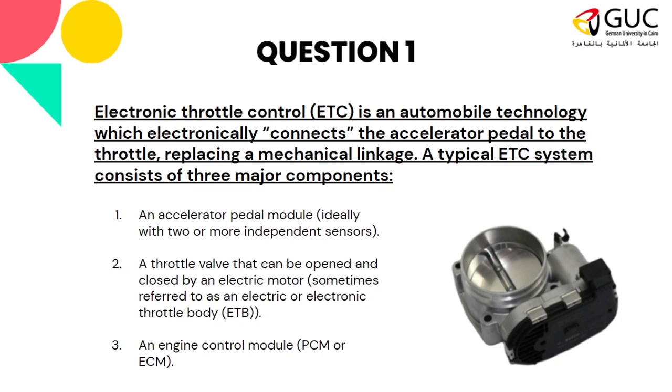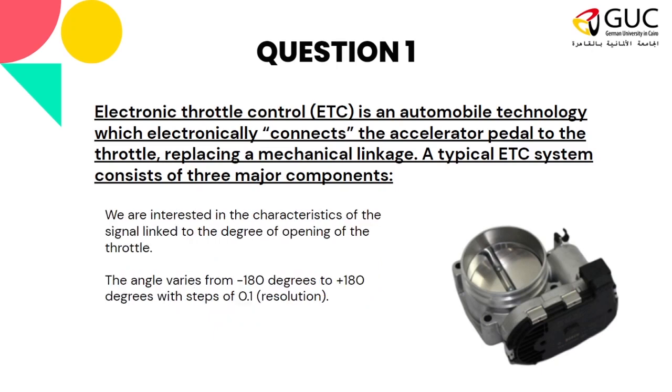A typical ETC system consists of 3 major components: an accelerator pedal module, a throttle valve that can be opened and closed, and last but not least, an engine control module. We are interested in the characteristics of the signal linked to the degree of opening of the throttle.